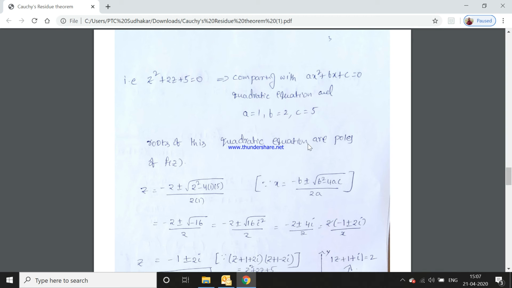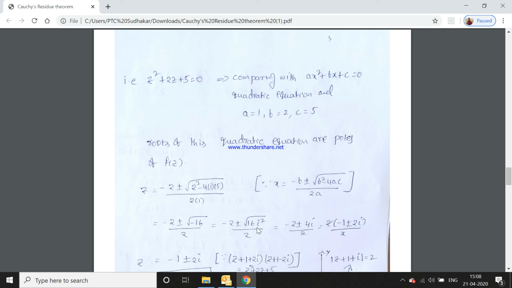The roots of this quadratic equation are the poles of f(z), that is z equal to (minus b plus or minus under root of b square minus 4ac) by 2a, which is minus 2 plus or minus under root of (2 square minus 4 into 1 into 5) by 2, that is minus 2 plus or minus under root of minus 16 by 2, which equals minus 2 plus or minus under root of 16 i square, because i square is minus 1.